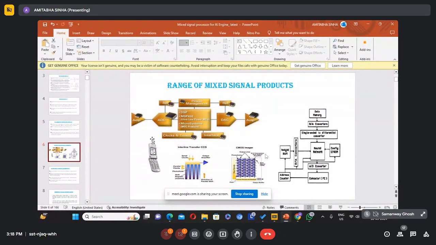In fact, for 5G handsets and 3G handsets, analog and digital are available on the same chip. And recently, field programmable analog arrays have made it possible to design flexible analog circuits, where by combining FPGA and FPAA on the same chip, a lot of advanced devices can be made possible.